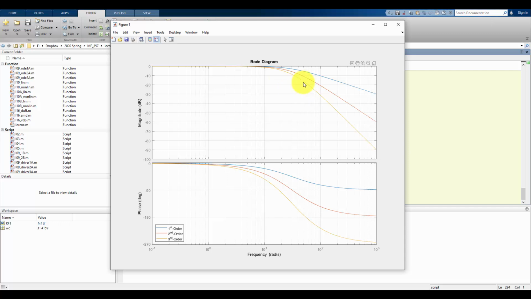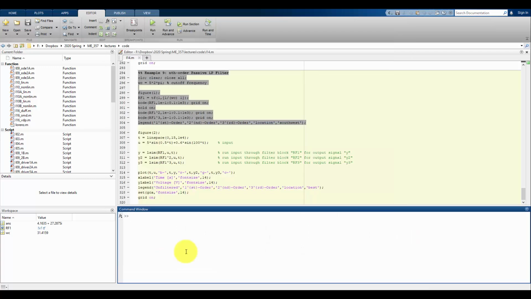So based on looking at the Bode diagram for this low-pass filter, looking in this area here for the 100 radians per second, we see that the first order system has a magnitude of negative 10.5, exactly as we saw in our first example, whereas in our third order system, the magnitude drops to negative 32.3 decibels. We want to convert this back into the linear, so I want to raise 10 to the negative 32.3 over 20.